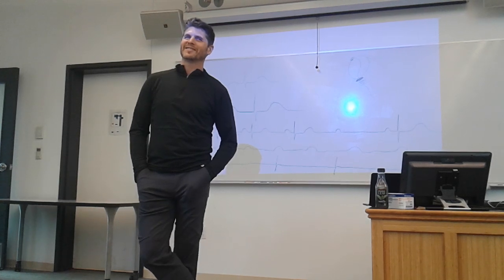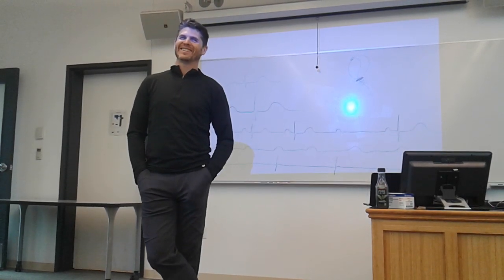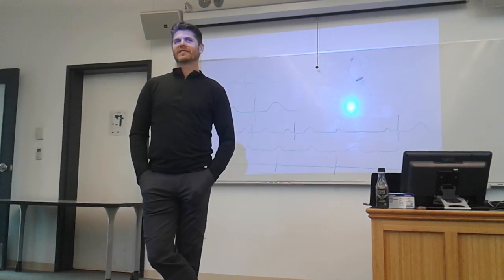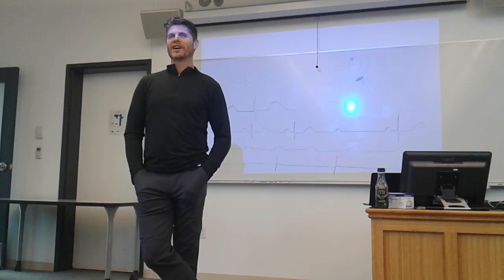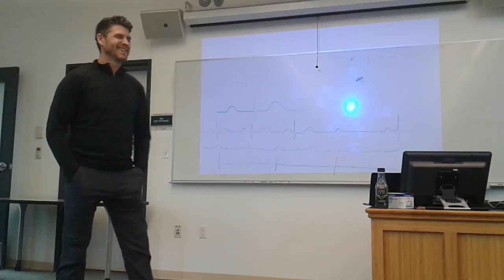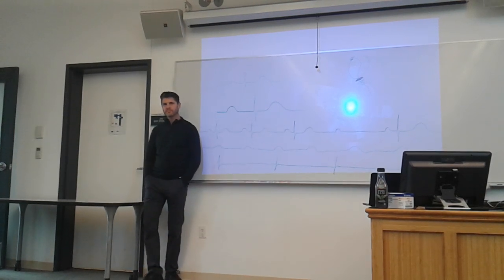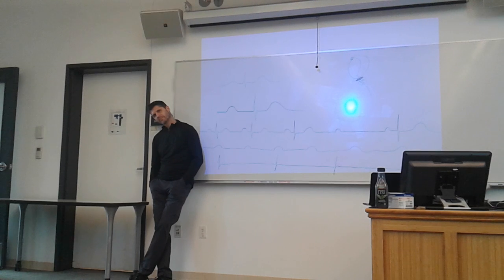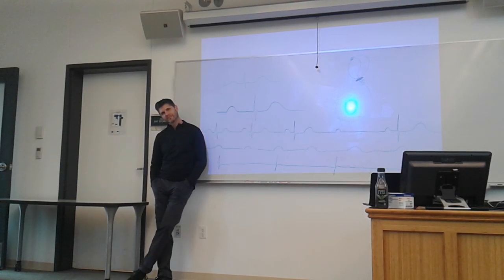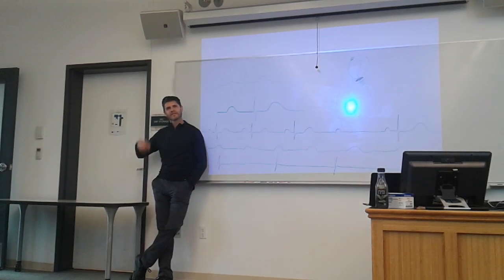What would we see? Give me a description of electrically what we're seeing. The PR interval would be longer and longer until you would have a dropped QRS complex. So it would be going, going, going, and then it would be gone. I don't have enough information yet. Give me more information.